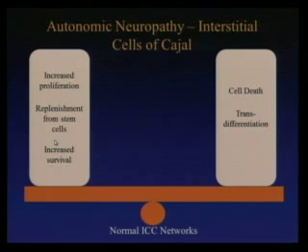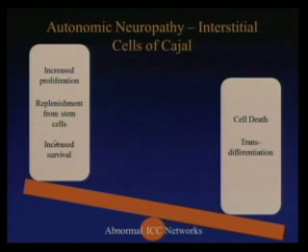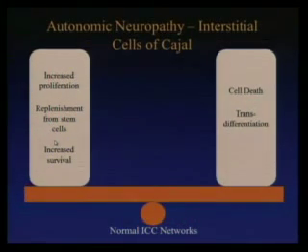What keeps the balance in terms of regulation of the number of interstitial cells of Cajal? It is thought that the number of these cells stays relatively constant in the body. There is some decrease as we age, but overall, it's a fairly steady state. You have a nice balance between cell death and the transdifferentiation of stem cells into other cells besides interstitial cells of Cajal that is balanced by increased proliferation of these cells or increased survival.